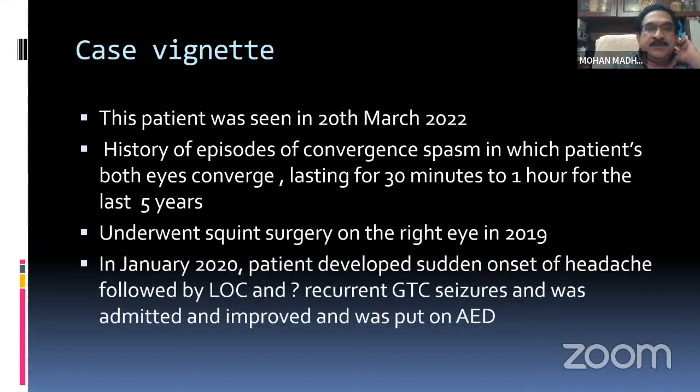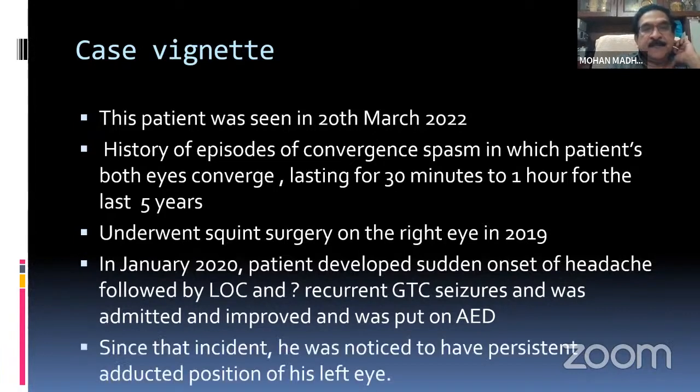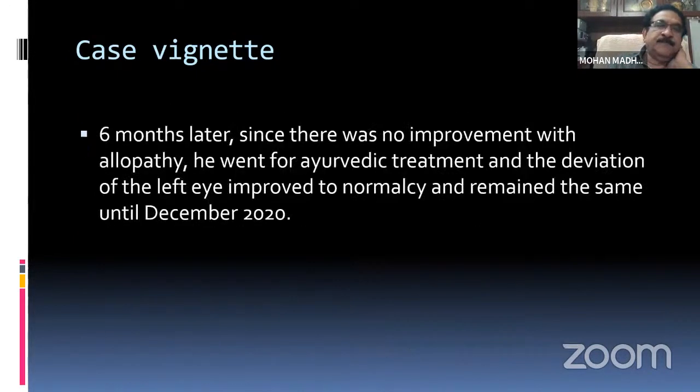In January 2020, patient developed sudden onset of headache, followed by loss of consciousness and recurrent seizures, and was admitted and improved and was put on anticonvulsants. Since that time, he said his eye is remaining adducted. 6 months later, since there was no improvement, he went for Ayurvedic treatment, and the deviation of the left eye improved to normalcy, but remained like that till December 2020.